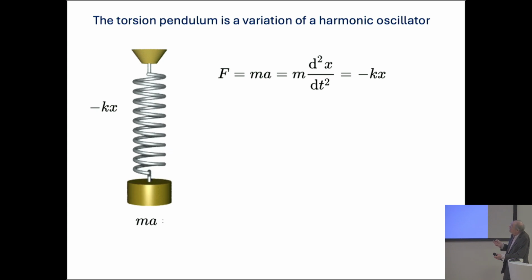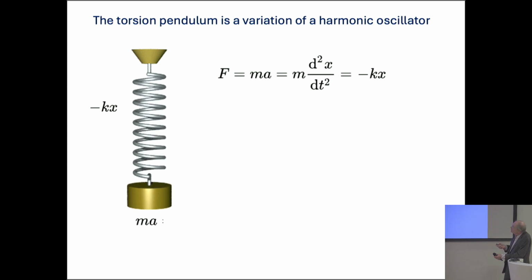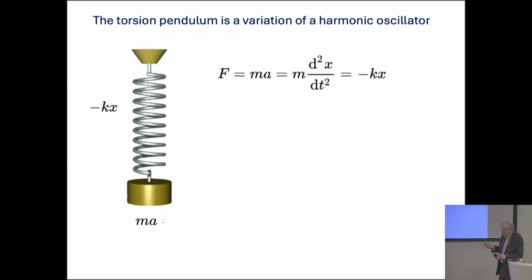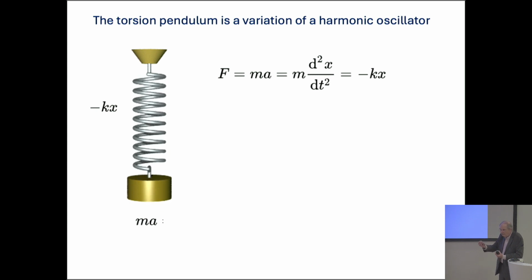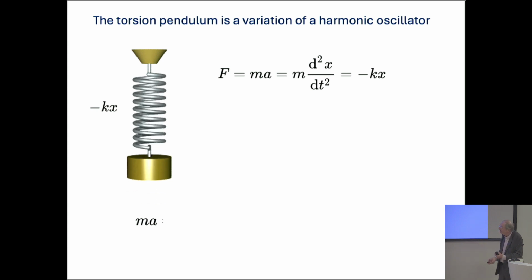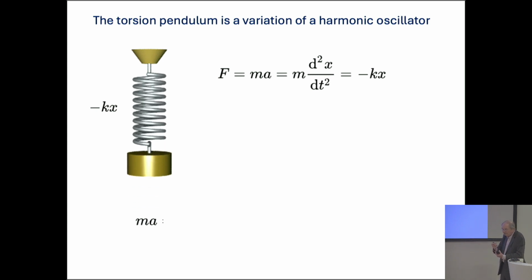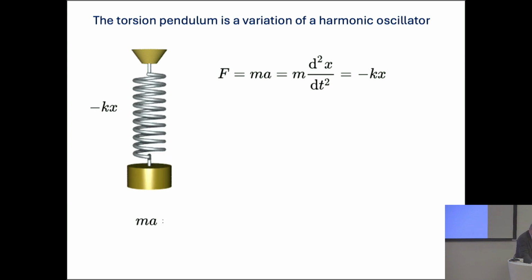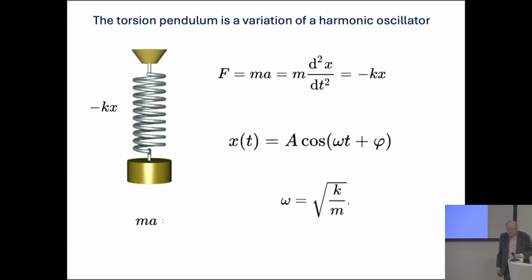So the force on the object is mass times acceleration, and it's resisted by a spring constant, K. The force that the spring exerts resisting the motion of the mass is proportional to how much that mass is deformed. So you have a fairly simple equation that you can solve pretty easily.